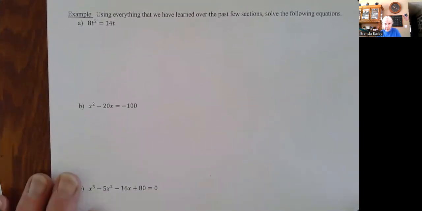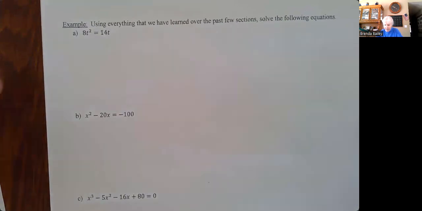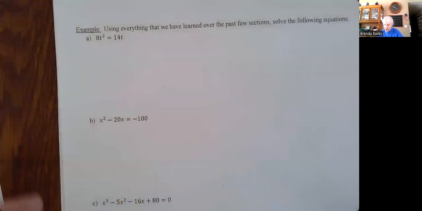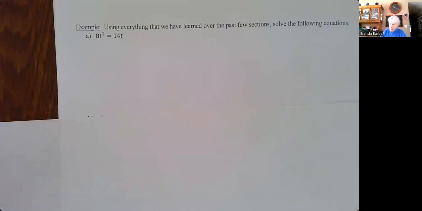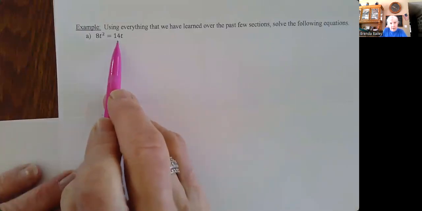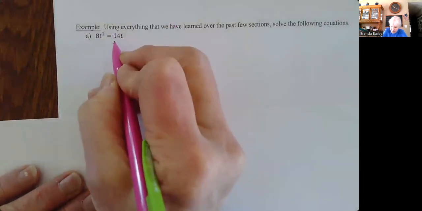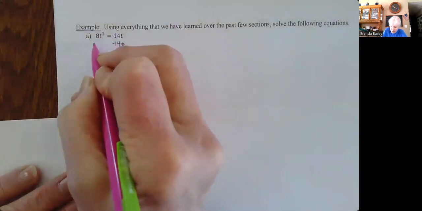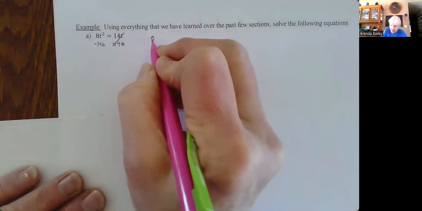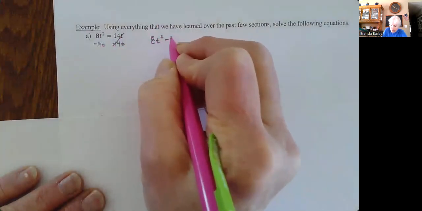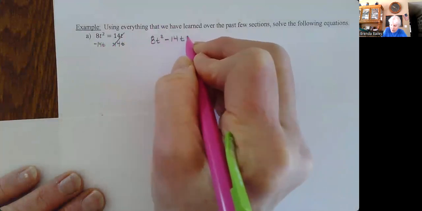Okay, so here in solving. And we're going to do a few of these just to practice, especially if you're struggling. Maybe this will help some. Okay, looking at this to solve it, we set it equal to 0. So I'm going to do that. So we end up with 8t squared minus 14t equals 0.